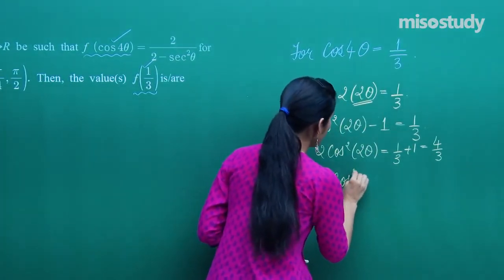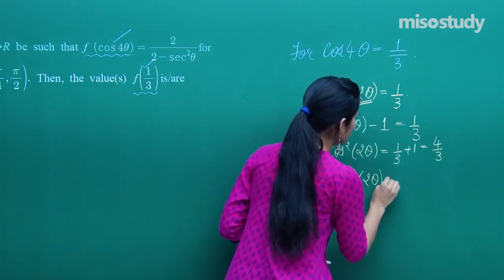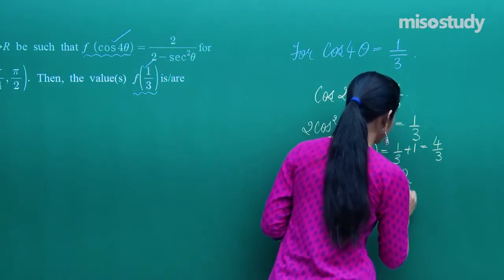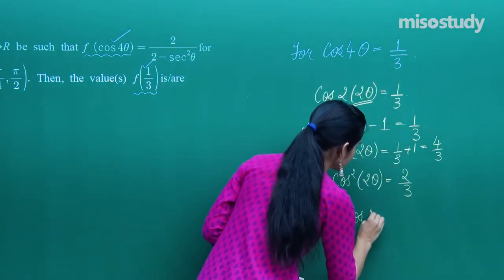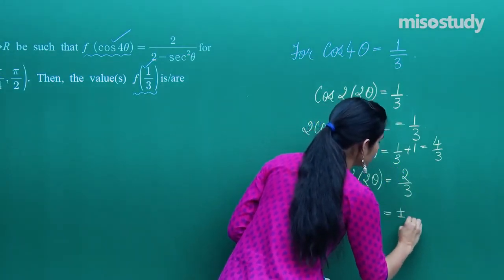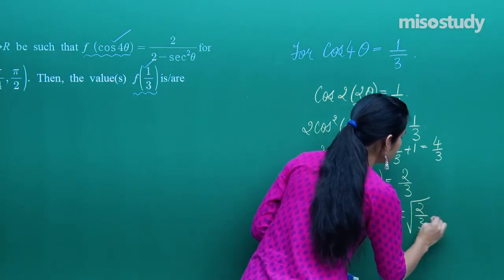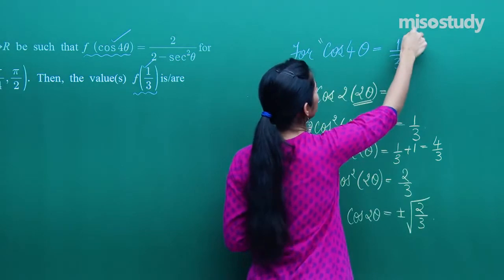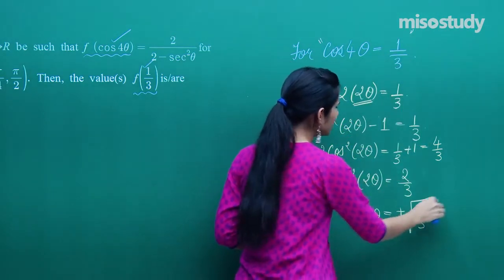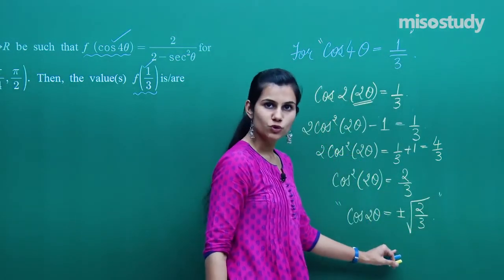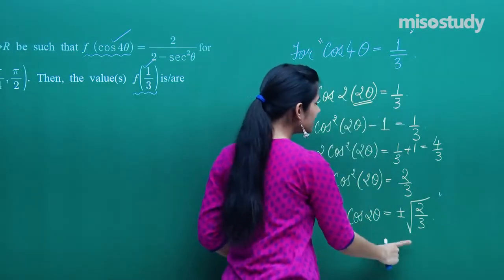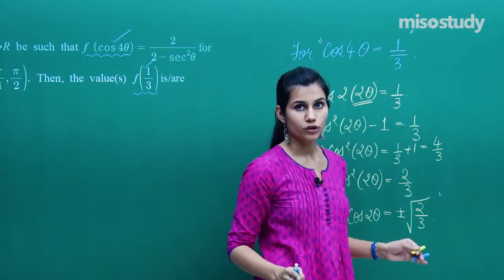So cos square 2 theta will be 4 by 6, which is 2 by 3, and therefore cos 2 theta will be equal to plus minus root over 2 by 3. So if cos 4 theta is equal to 1 by 3, cos 2 theta is equal to plus minus root 2 by 3. This is sure. If I want this to be equal to this, this is going to hold for sure.